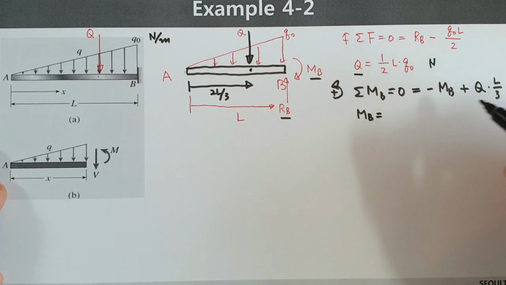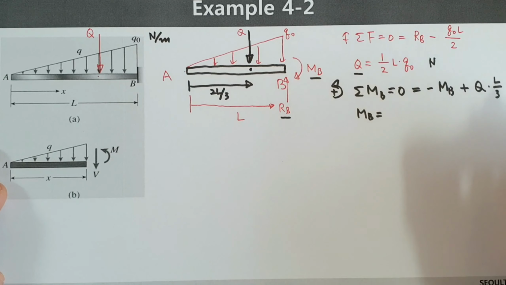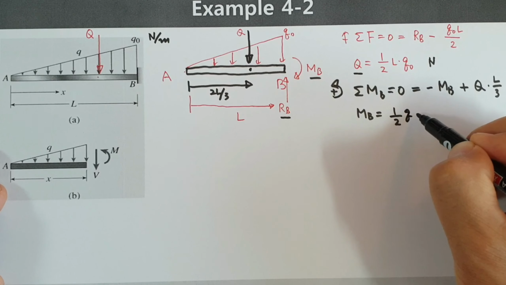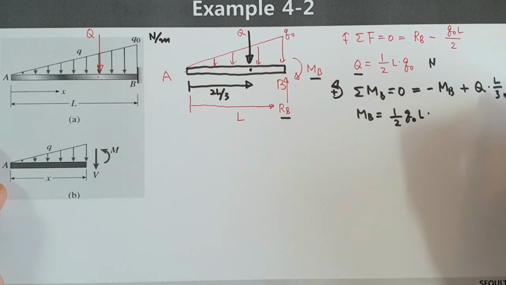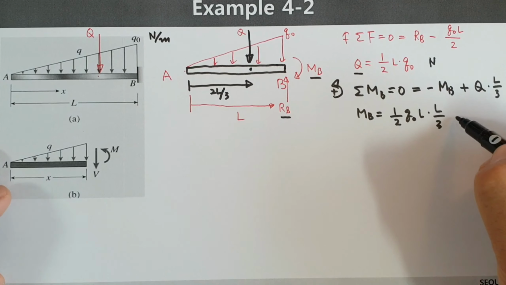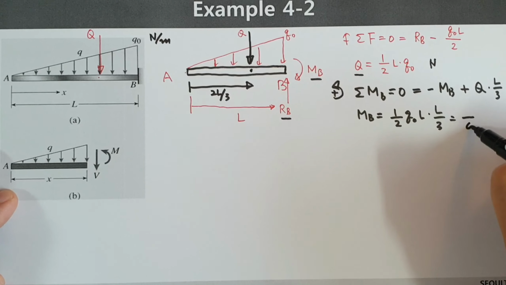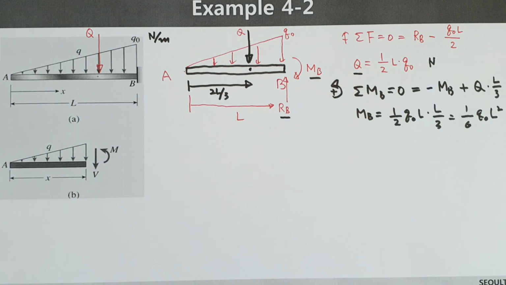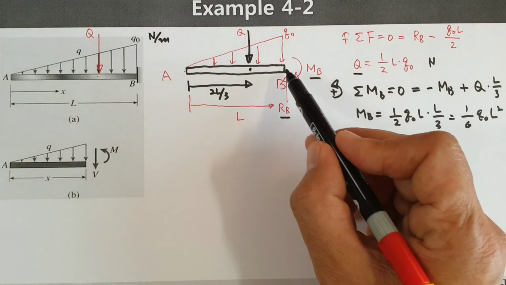MB equals Q is like this one, and 1 over 2 Q0L, this one is Q, and L/3 is multiplied. Then finally 1 over 6 Q0 L squared. That's the moment which is acting at this point.